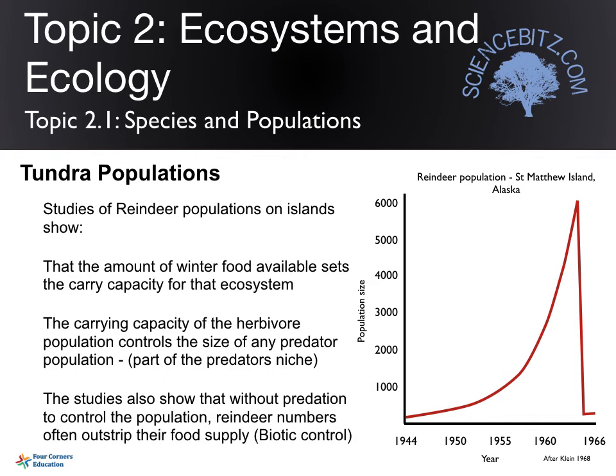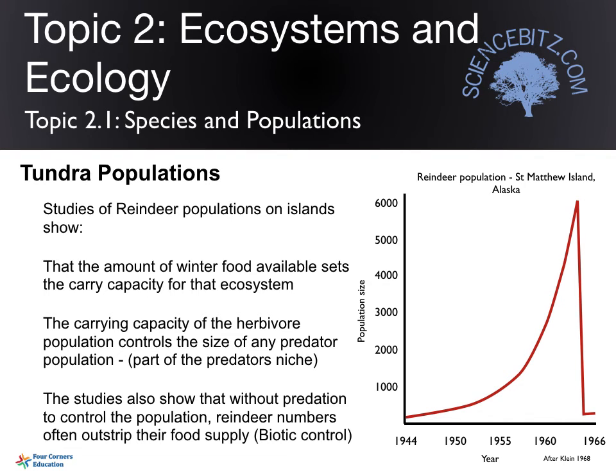And as can be seen from this study, without predators in place, the herbivores outstrip the amount of food that's available for them. They create a crash, a famine. So by about 1963, there were so many reindeer on the island that they were going through a famine because they were outcompeting each other for the same amount of food. That led to a massive population crash.